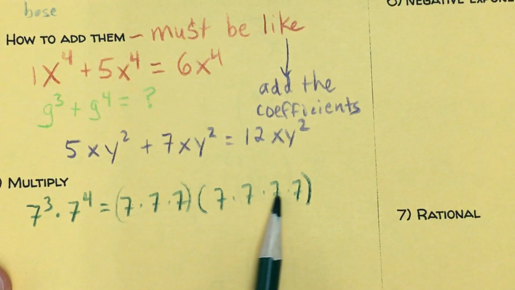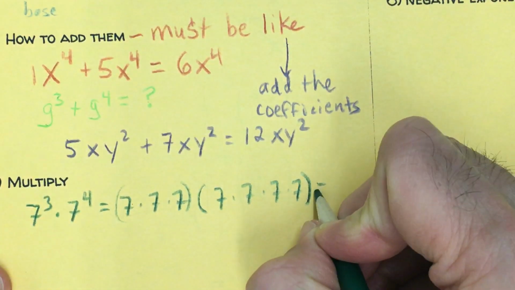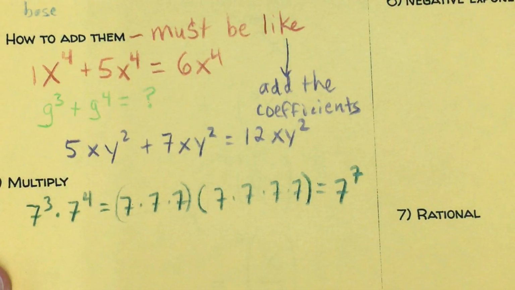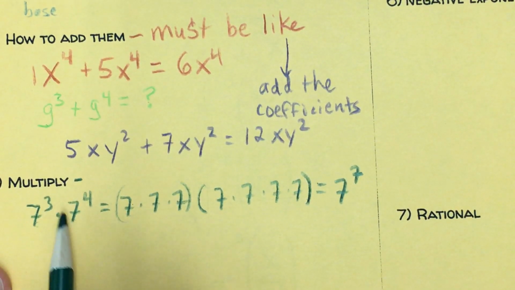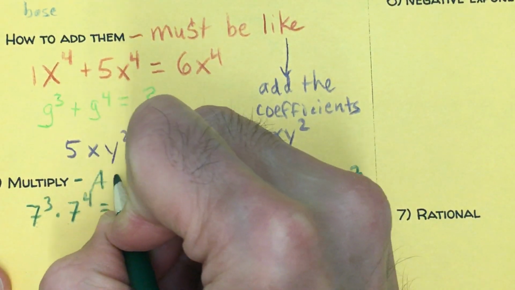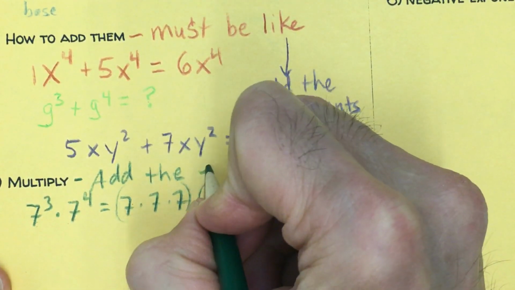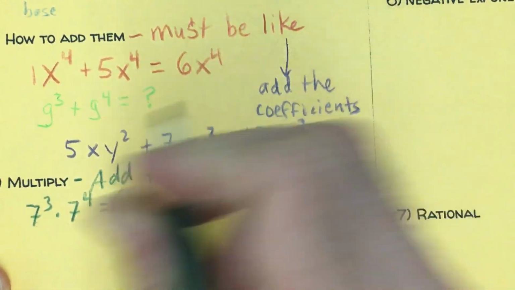Well, don't I have a total now of 1, 2, 3, 4, 5, 6, 7 sevens? So what we're going to do, as long as you're dealing with the same base, you're going to add the exponents. Add the exponents.